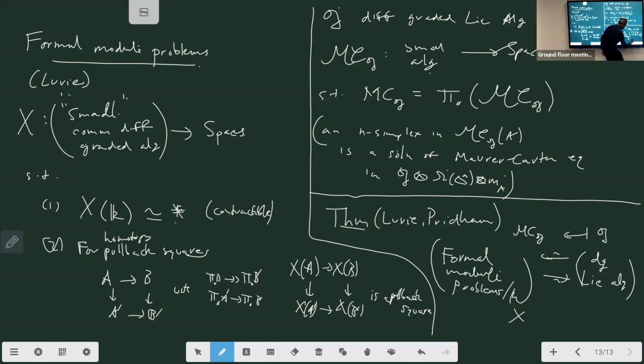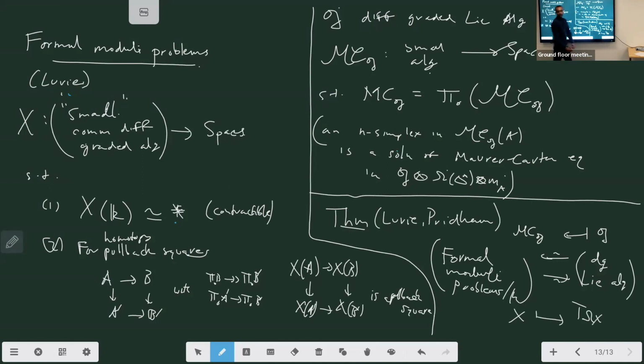So I can take the tangent space of the loop space of X. Now the loop space of X is a group, and so you expect the tangent space of a group to have a Lie algebra structure.